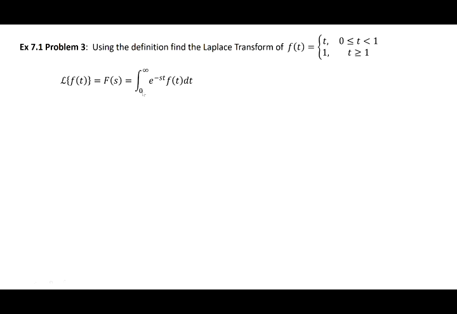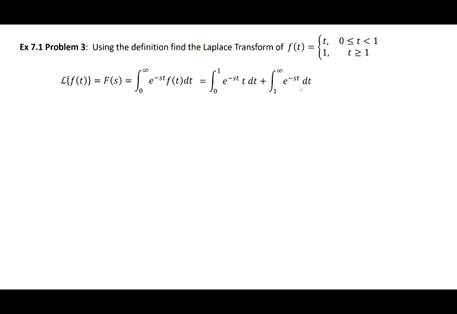An integral going from 0 to 1 and another integral going from 1 to infinity. That's exactly what I have done. In the interval 0 to 1, I replaced f of t with a t, and in the interval 1 to infinity, I replaced f of t with a 1.